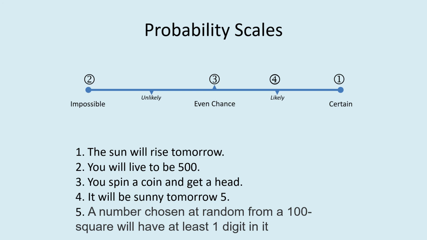And a number chosen at random from a 100 square will have at least 1 digit in it. Well, that is unlikely because only 10 numbers from 1 to 100 are single digits. In fact, only 9, because we're not going to count 0, it is from 1 to 100.